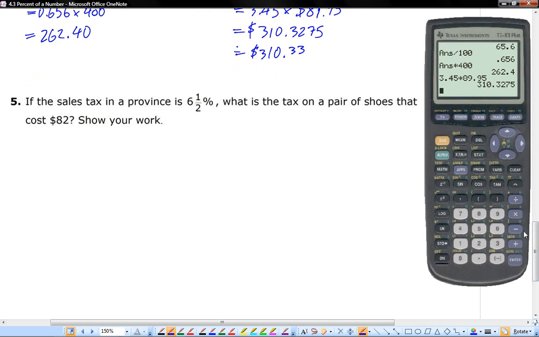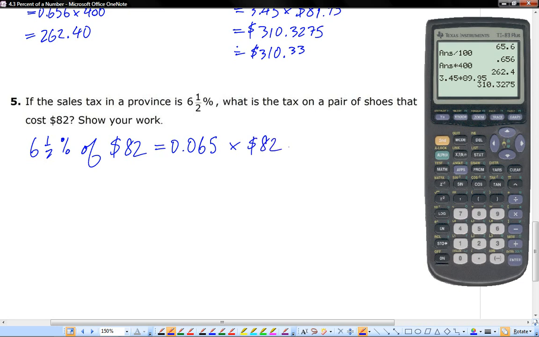Now the next one, number 5, we're saying if the sales tax in a province is 6.5%, what is the tax on a pair of shoes that cost $82, and show your work. Okay, so we want to find 6.5% of $82. So this is equal to 0.065 times 82.